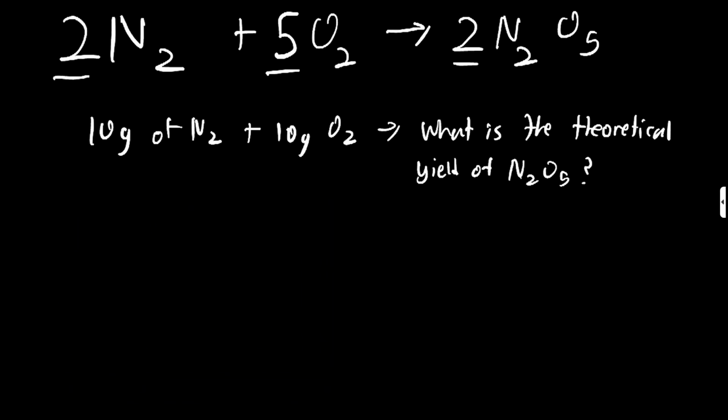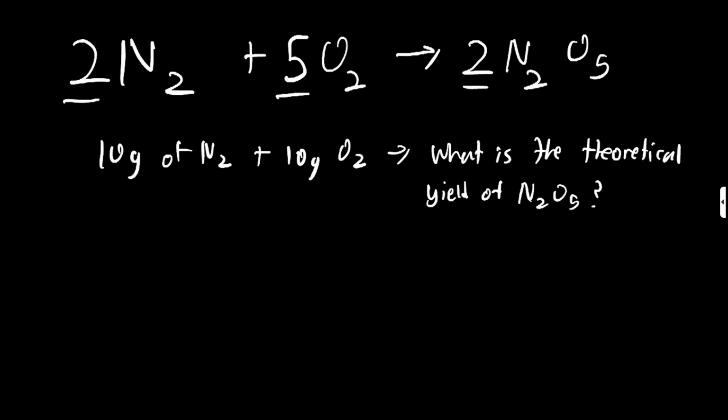Okay, with the balanced reaction, what you're going to do now is figure out which of the reactants is the limiting reactant. The reactants are on the left side. What you make is the product. So is N2 the reactant that's limiting, or is it O2?